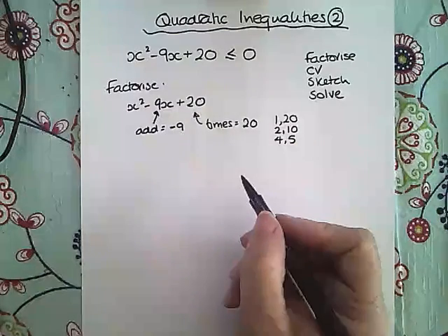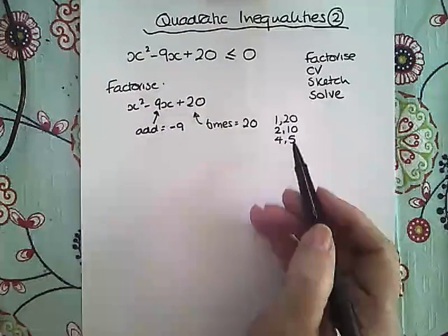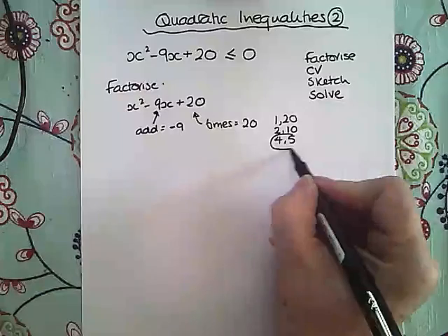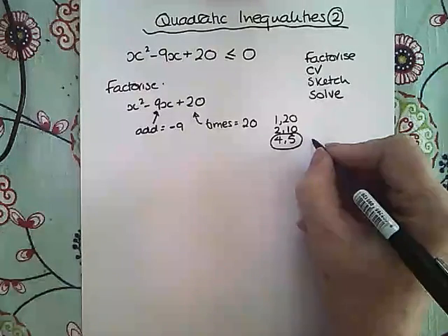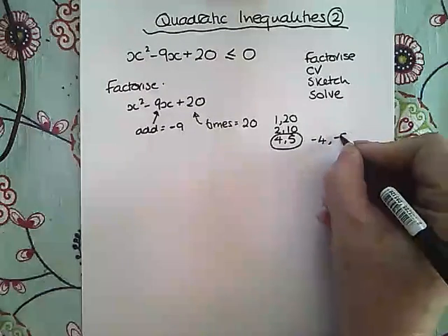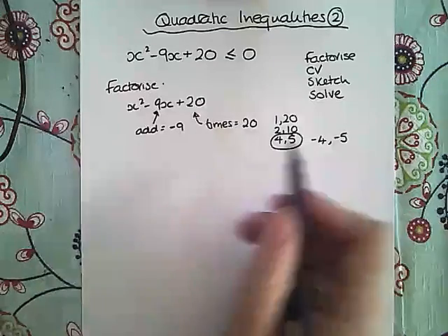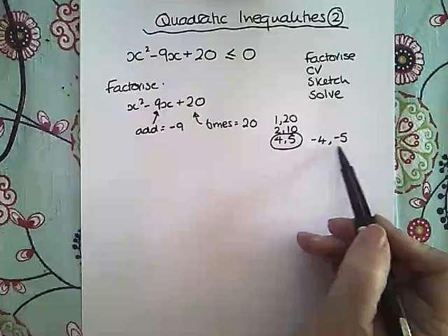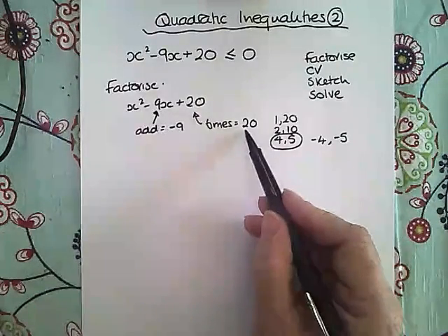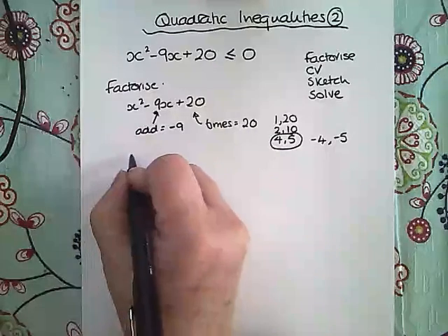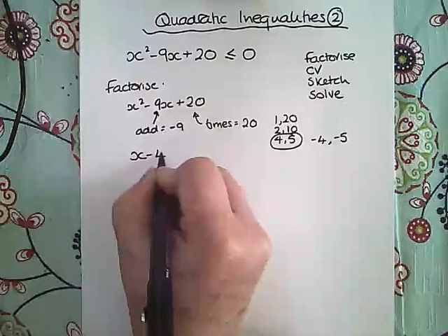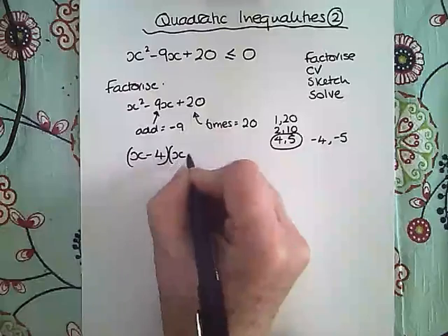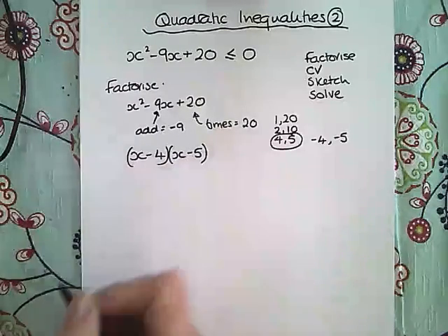The only way we can make 9 out of those 3 pairs is if we use 4 and 5, and if they are both negative, minus 4 and minus 5, they would add to give minus 9 and multiply to give 20. So factorising, we have x minus 4 bracket x minus 5.